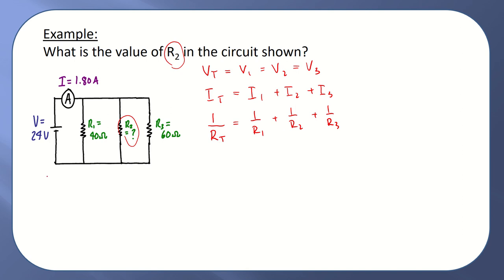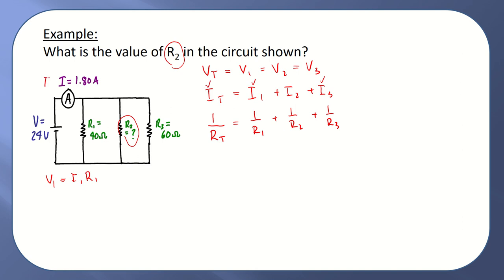So let's write Ohm's law for this. Ohm's law states that V1 is going to equal I1 times R1. Now we know the V1 and the R1 values, so we can find I1. And once you know your I1, then you can do the same thing for resistor 3 and find the I3, and then you know the total current.